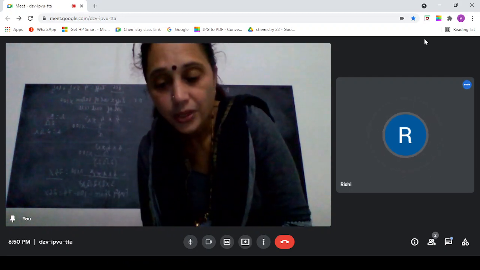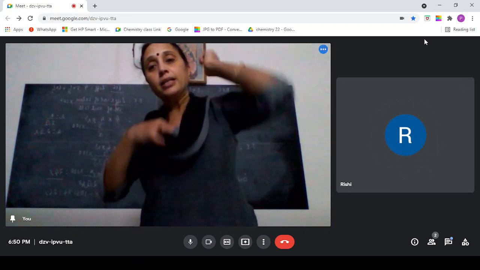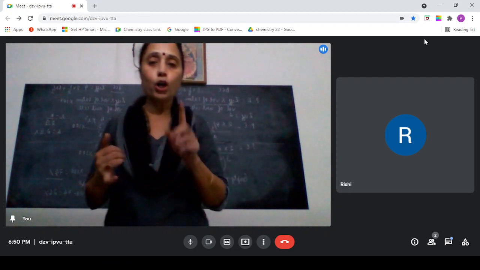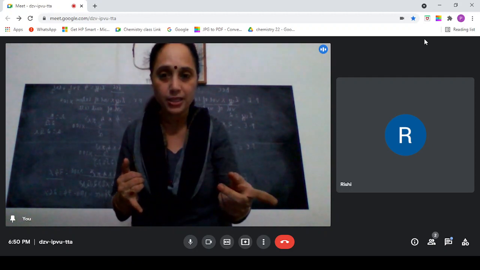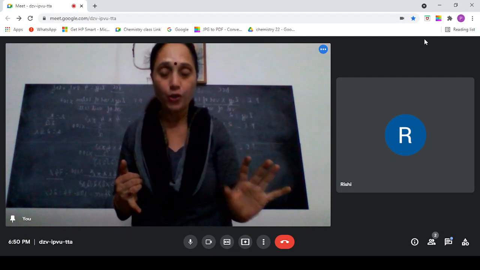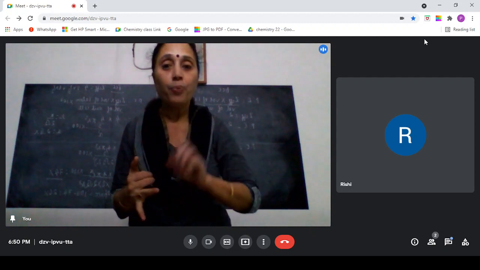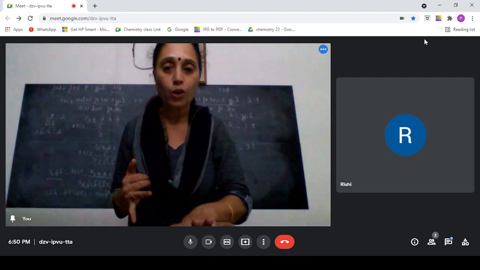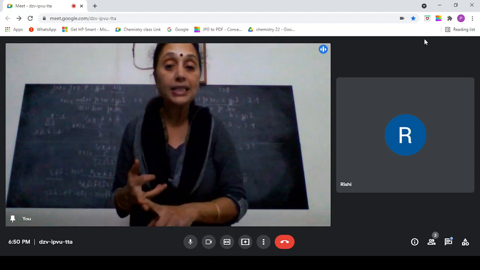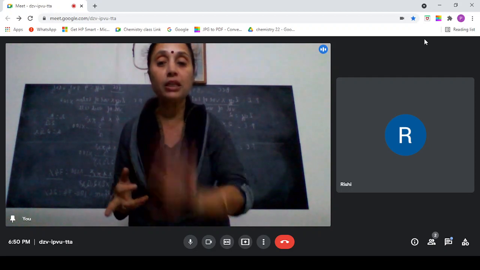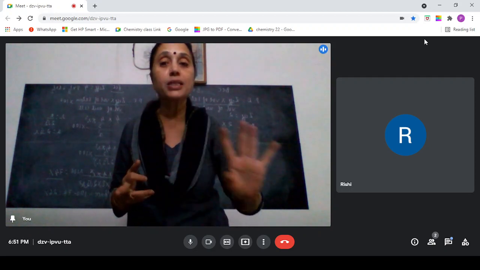I said, see, in simple cube, occupied is 52.4, empty is 47.6. So much is vacant, not used. In body centered, 68% occupied, 32% vacant. In face centered, 74% occupied, 26% vacant.